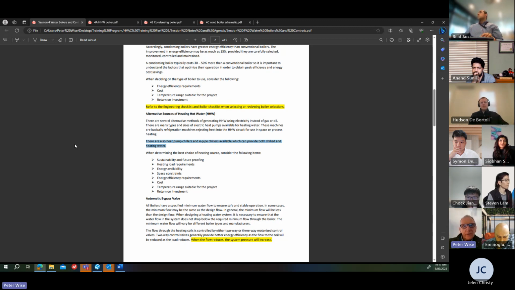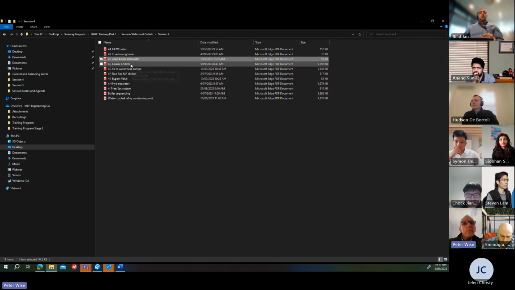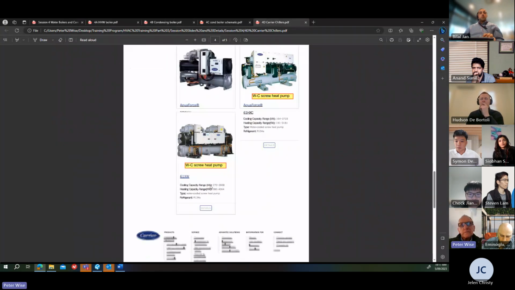A heat pump chiller can provide chilled water or heating water, but not at the same time. But a 4-pipe chiller can provide chilled water and heating water simultaneously. So they're worth considering. I've got a few pictures of those, but again, you can search all this stuff online and have a look for yourself.